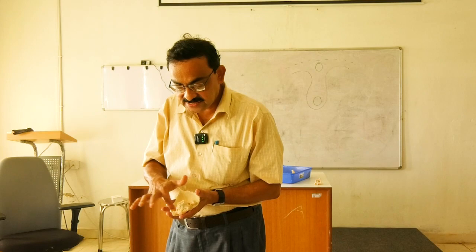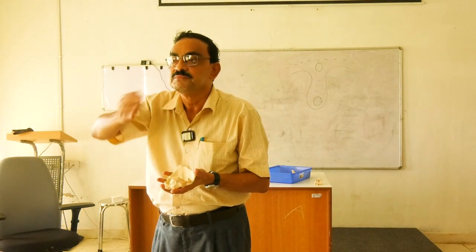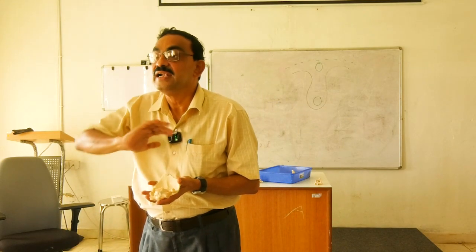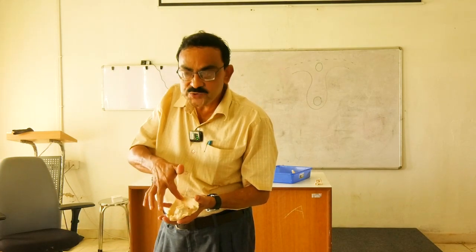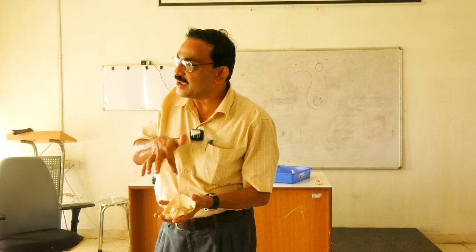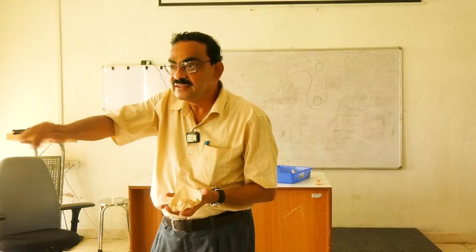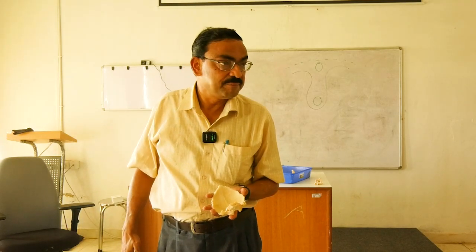And on either side, it forms a tent-like structure over the cerebellar hemisphere, which is called the tentorium cerebelli. So, the attachments are of falx cerebri, falx cerebelli, and on either side the dural folds called the tentorium cerebelli.